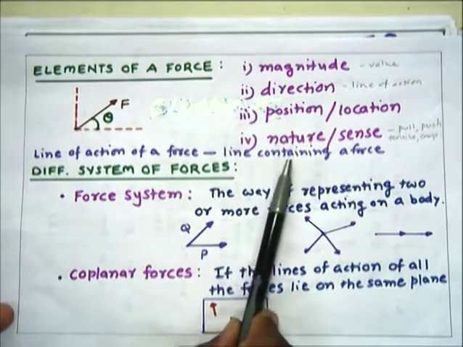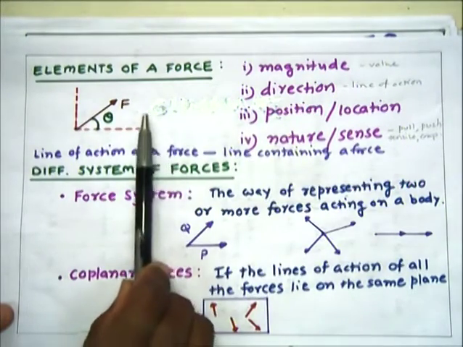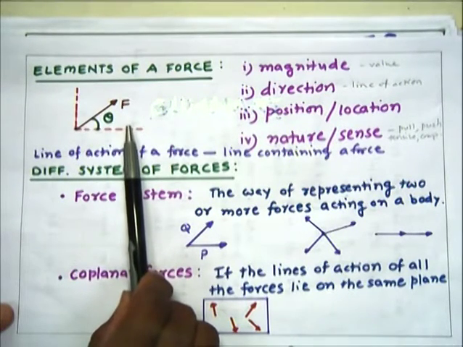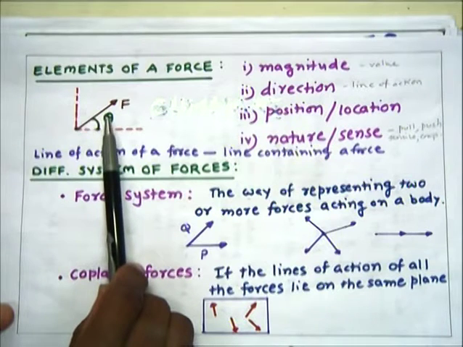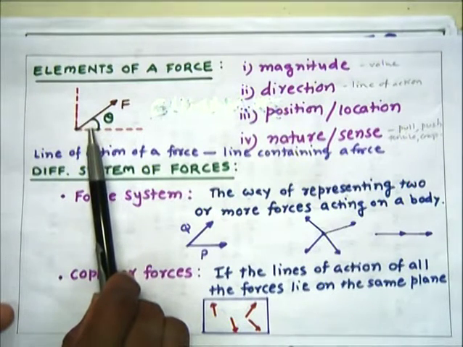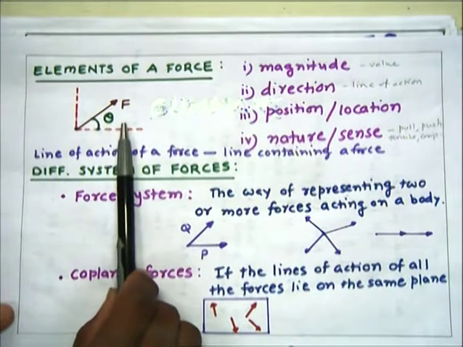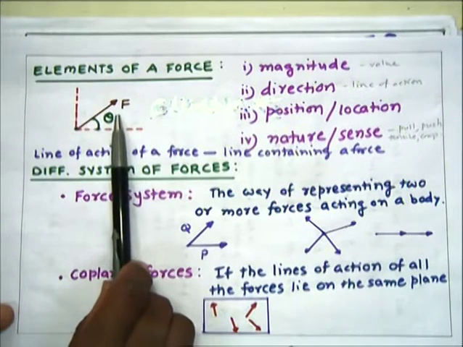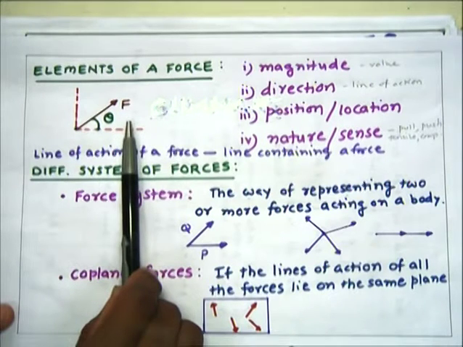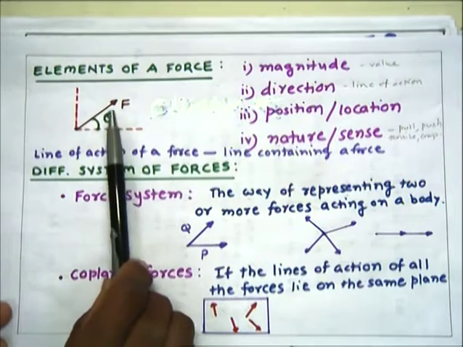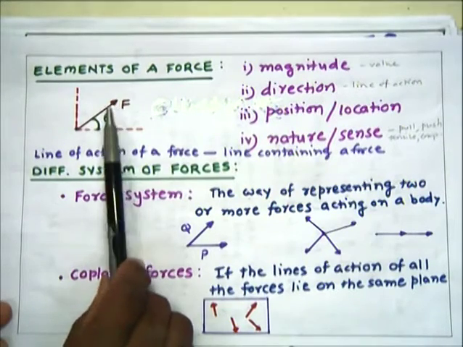Then nature or sense, which is shown by an arrow. Nature tells what effect the force is giving on the body or particle. Accordingly nature is determined, that is a pull or push, or a tensile nature or compressive nature. So nature is shown by the arrow.